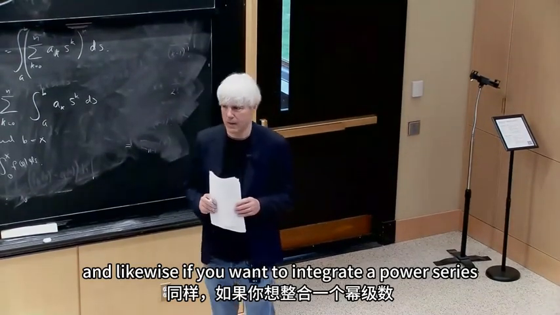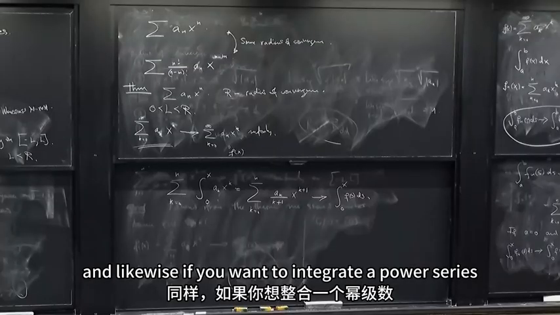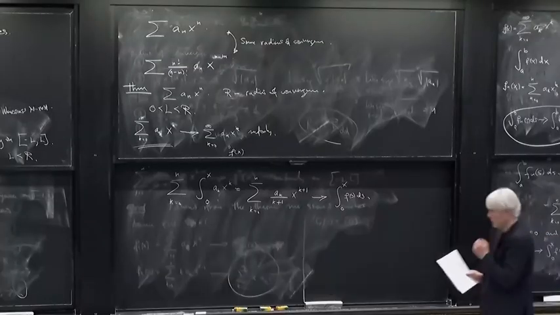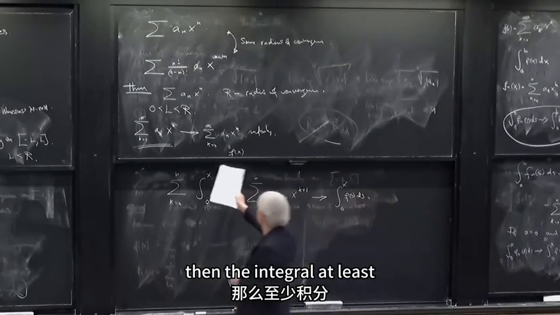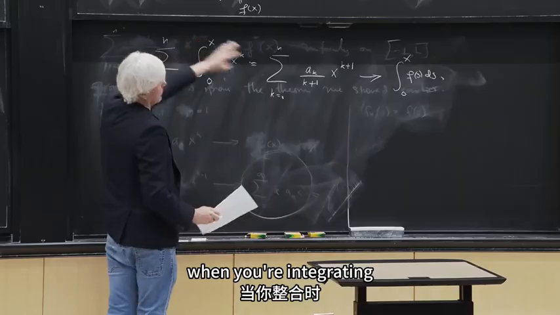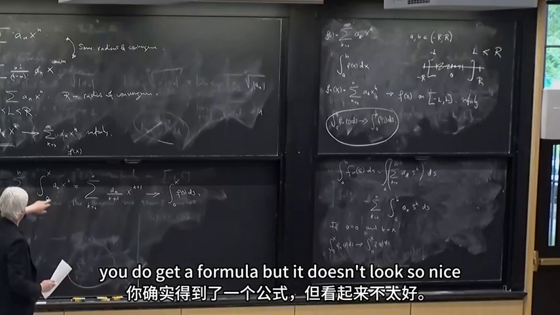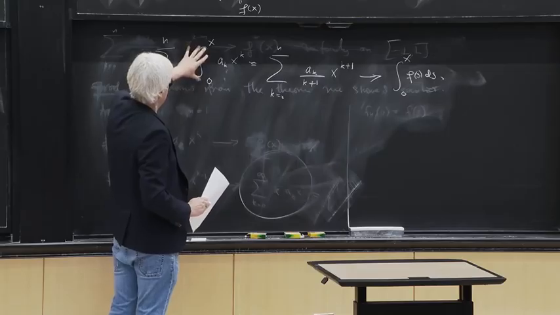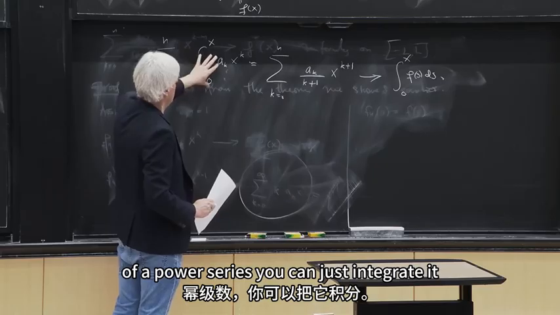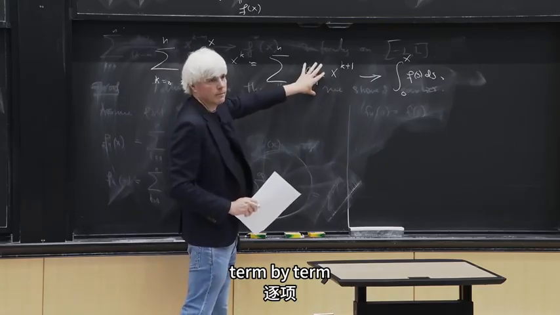And likewise, if you want to integrate a power series, at least when integrating from 0 to x, otherwise the formula is not quite as nice, you can just integrate it term by term.